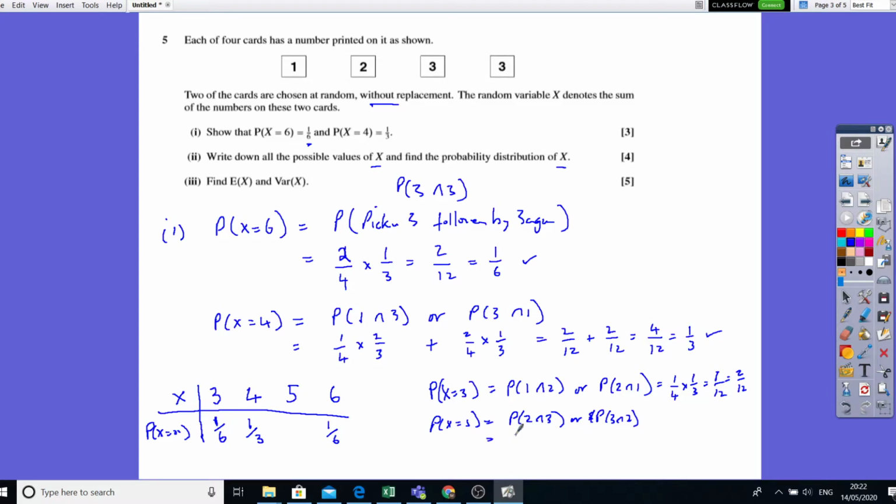Picking a 2 first is 1 out of 4 times 2 out of 3 left, and picking a 3 is 2 out of 4 cards, and then once you pick the 3, picking a 2 is 1 card out of 3. Note these two are also the same, so 1 times 2 is 2, and 4 times 3 is 12, and since you've got that same calculation, you just double that, and that gives me 4 out of 12, the same as 1/3.